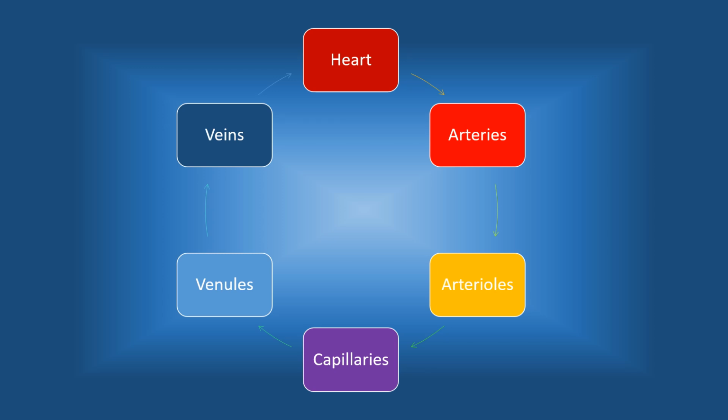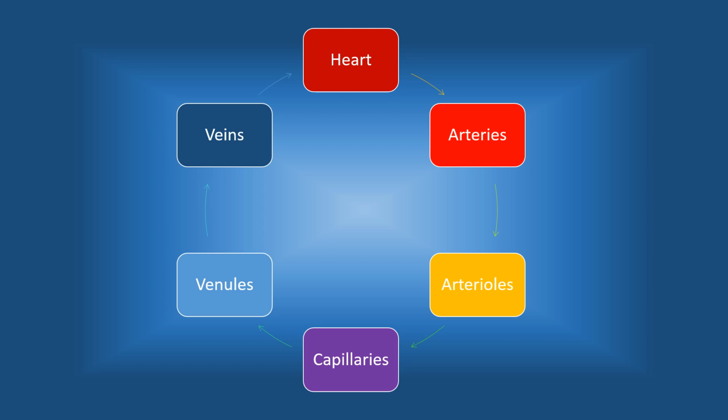The IVC is going to travel upwards to the diaphragm, pierce the diaphragm again, and it's going to enter the right atrium of the heart. This is also where the SVC, the superior vena cava, is going to dump into the right atrium of the heart. From here, blood is going to go through the tricuspid valve into the right ventricle of the heart.